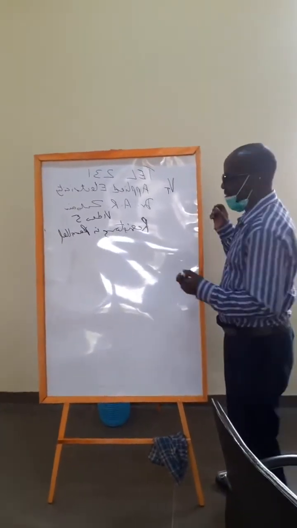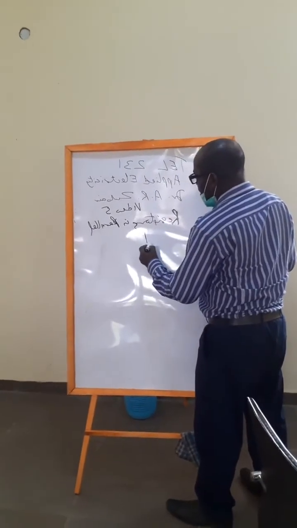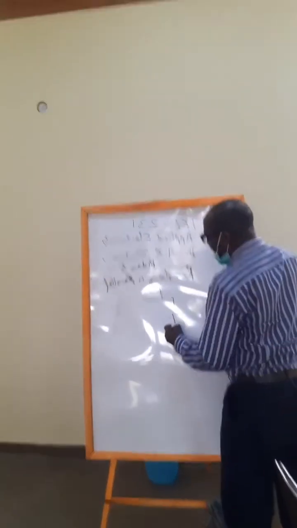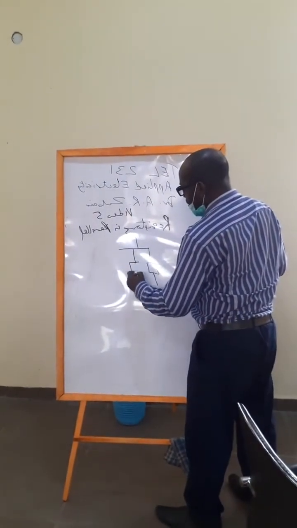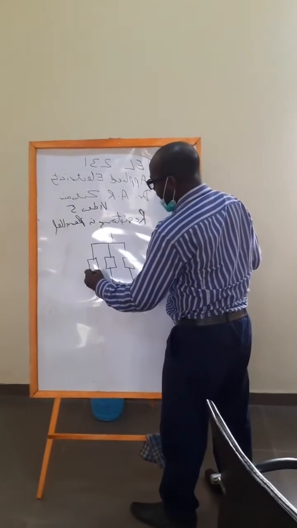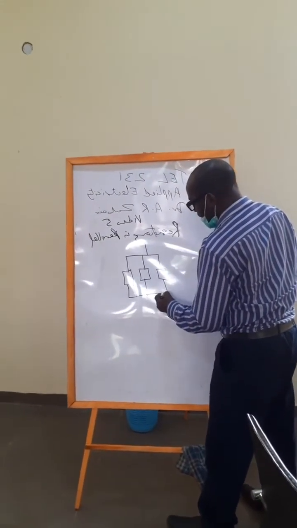Resistors in parallel. When two or more resistors are in parallel, their ends are joined together to the same point.